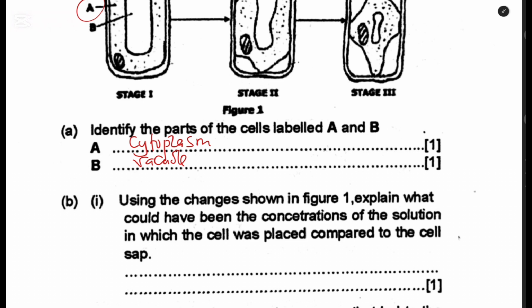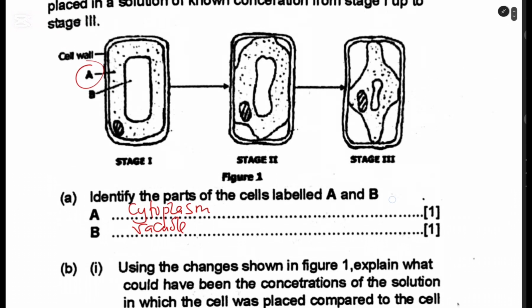All right, now to answer this question we need to look at what happened to the cell. So the first cell, as you can see, has no effect. Then when it was put in the solution, it started changing. As you can see, the cell membrane starts detaching from the cell wall.